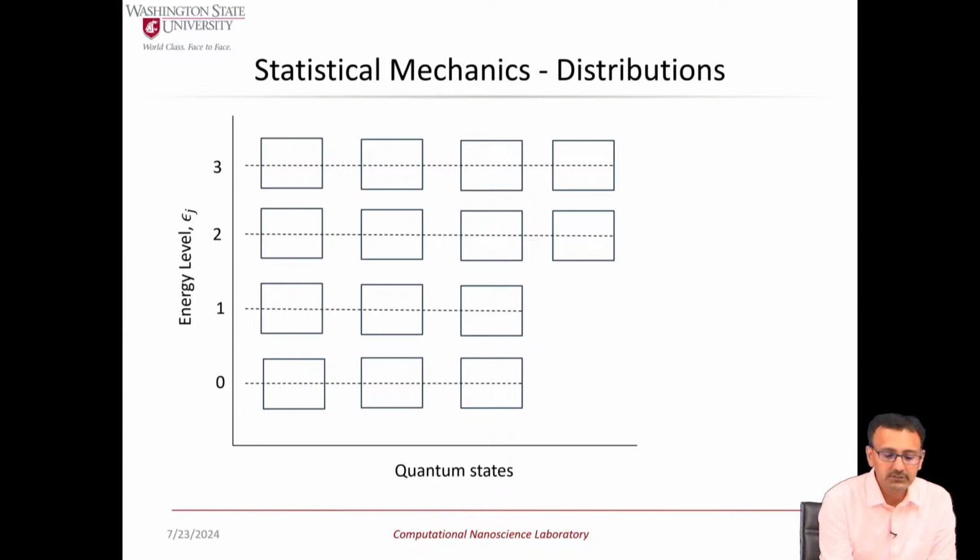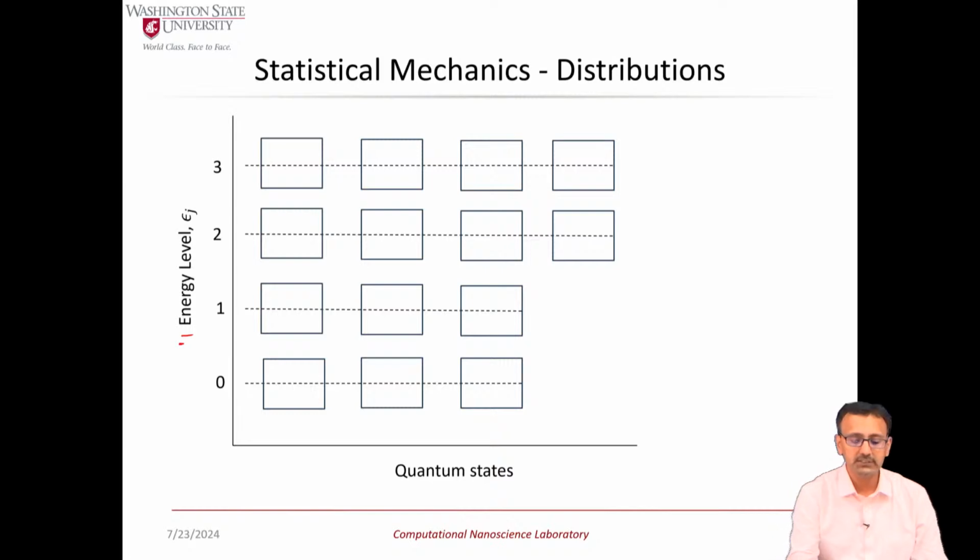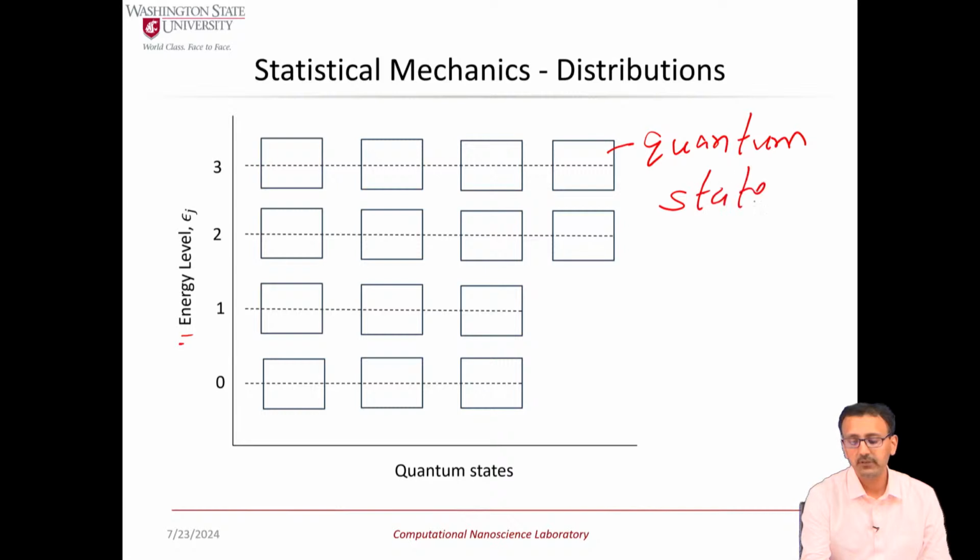So, this plot, this is not really a plot, it is a schematic. It shows, you can see some boxes, right. What are these boxes? These boxes are what we can call quantum states. These are distinct quantum states, and on the y axis we have energies.